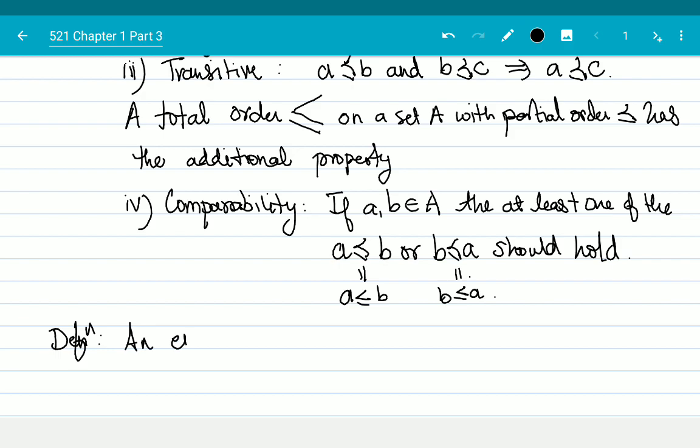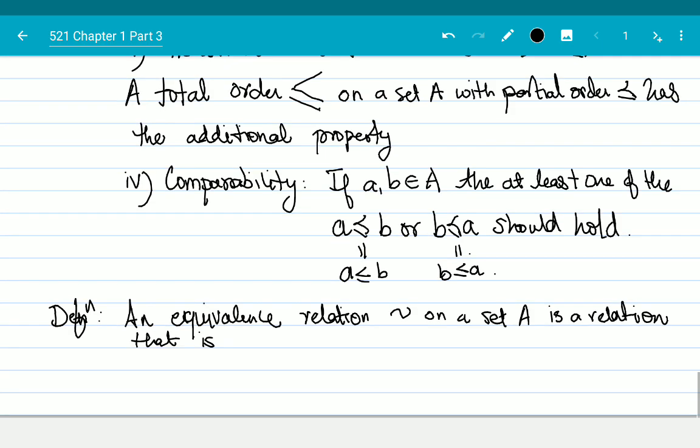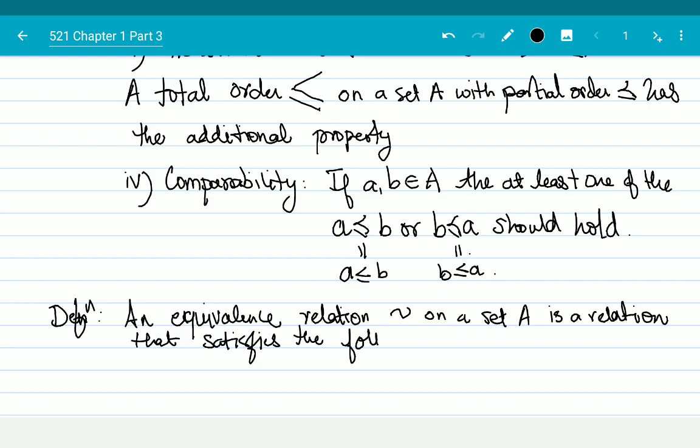An equivalence relation, tilde, on a set A is a relation that is reflexive, symmetric, and transitive, satisfying the following properties.